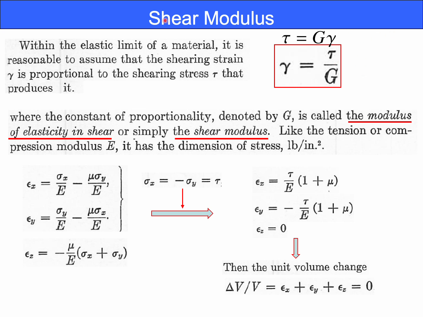From the relationship between the strain and the stress in biaxial stress state, we observe this: epsilon x equals sigma x divided by Young's modulus, and this is the effect caused by the stress in the same direction as epsilon x.